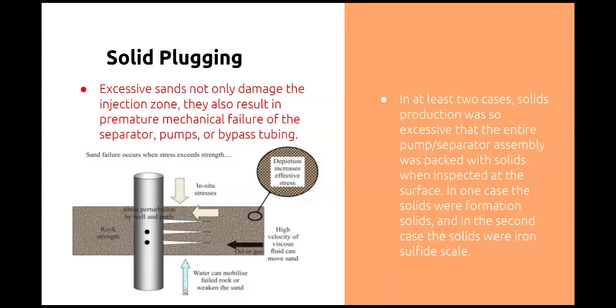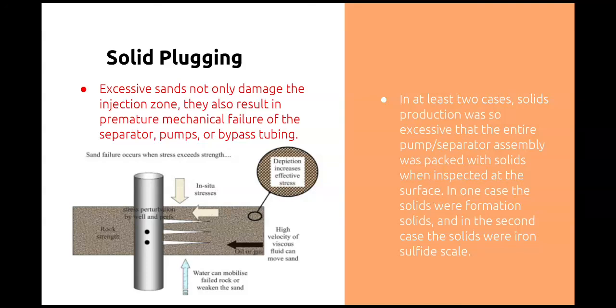The second problem that comes from downhole separator technology is solid plugging. Excessive sand not only damages the injection zone, as in the previous point, it can also result in premature mechanical failure of the separator pumps or bypass tubing.